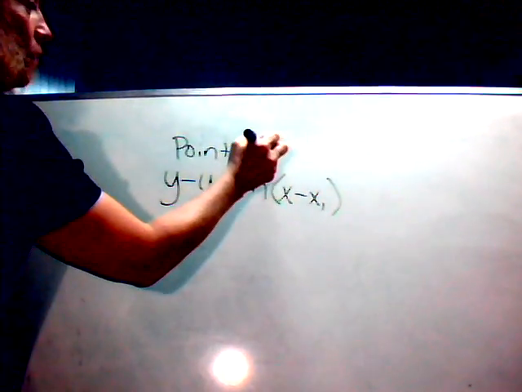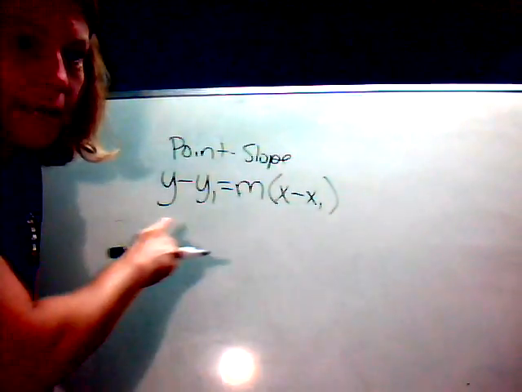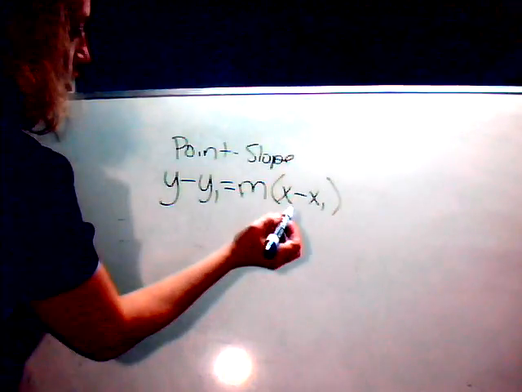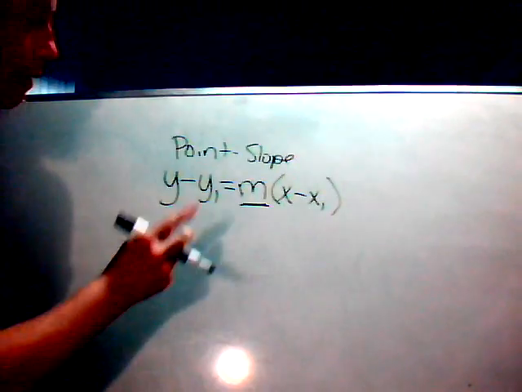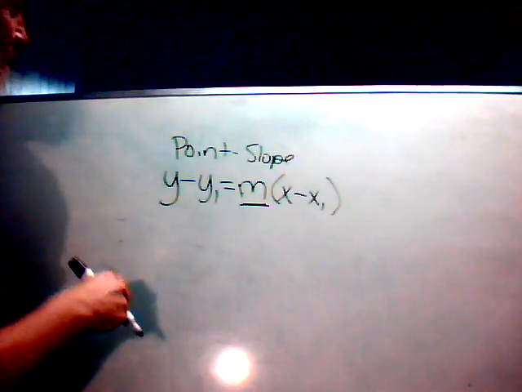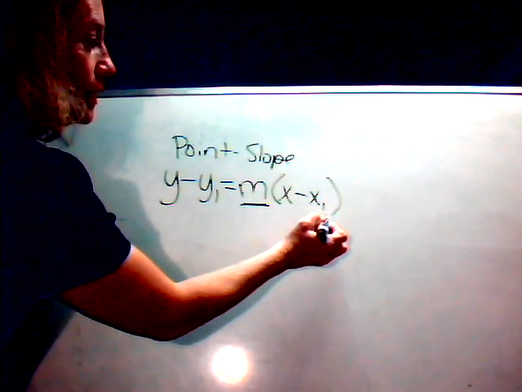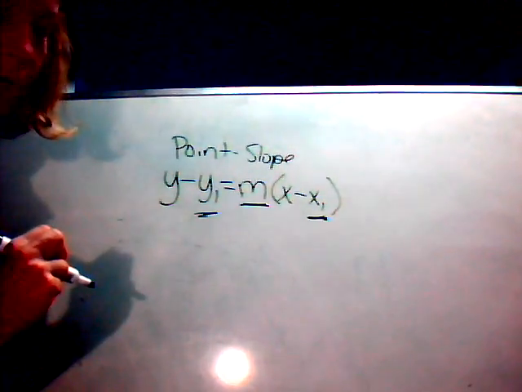The reason it's called point slope form is because you can pick a point out of this equation, and you can pick the slope out of this equation. The slope right here is m, just like it is in the other equation. M is for mountains, and mountains have slope. And then my ordered pair, or my point, is this x and this y. Be careful which order you pick it out of.